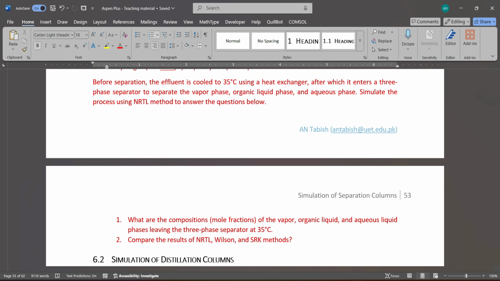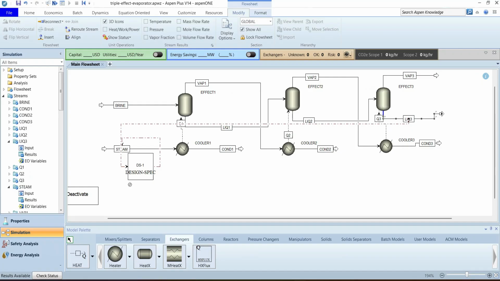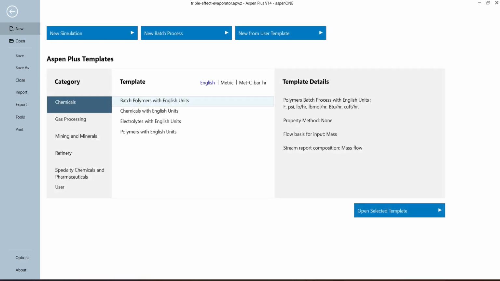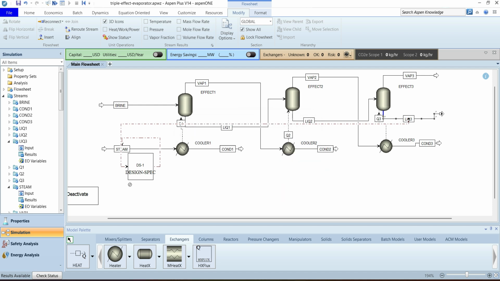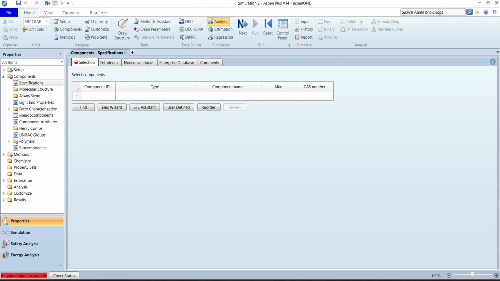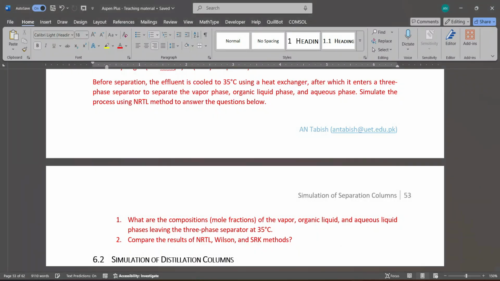So let's open Aspen Plus and solve this second exercise. We can create a new simulation even without any default template. We can close the first one and save it as well. Let's open the two side by side.